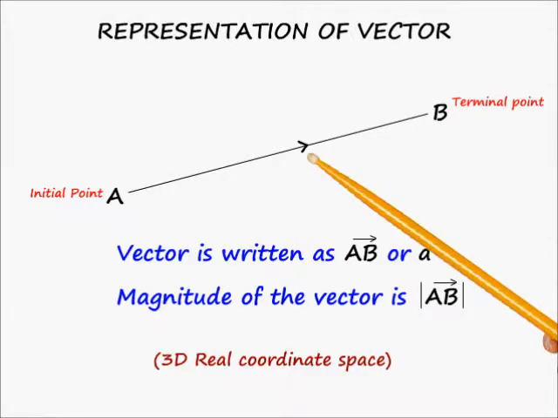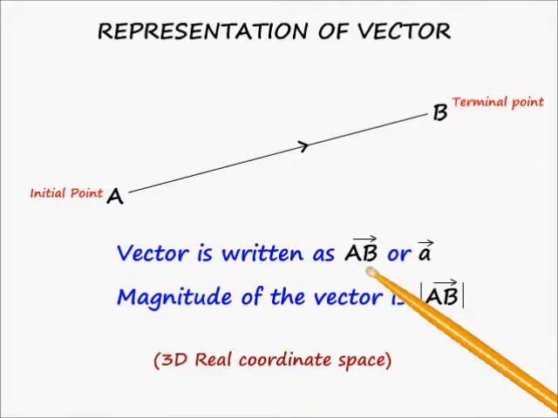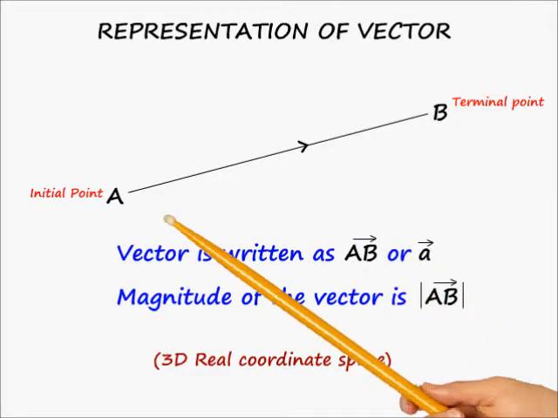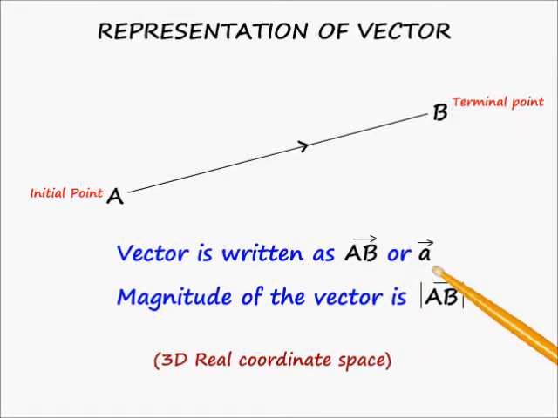An arrowhead is placed within the line pointing from the initial to the terminal point. The vector is written as AB with an arrow just over it. The initial point is always written first. It may also be written by a small letter like this. The magnitude of the vector is written with a modulus sign like this.